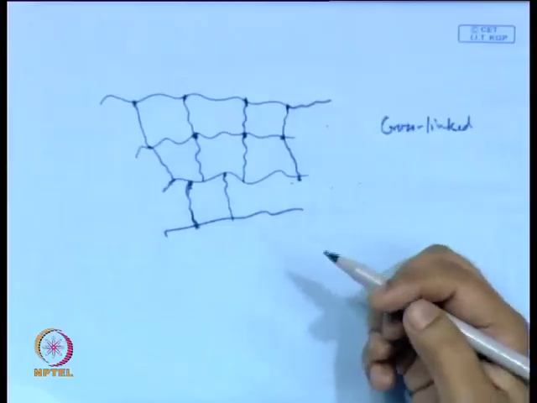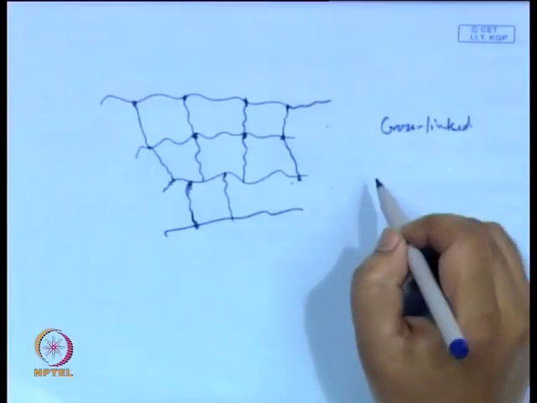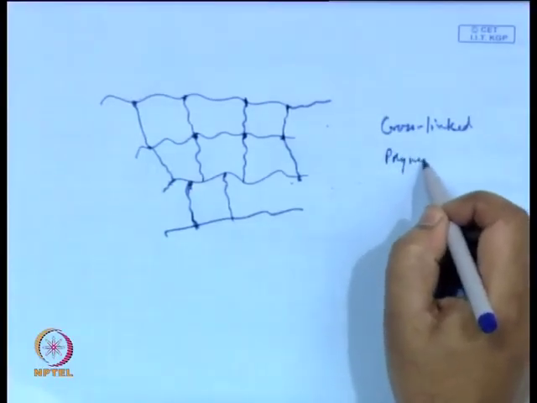If you move one chain, the entire network will come along with it, and this is called a polymer network or network polymer.